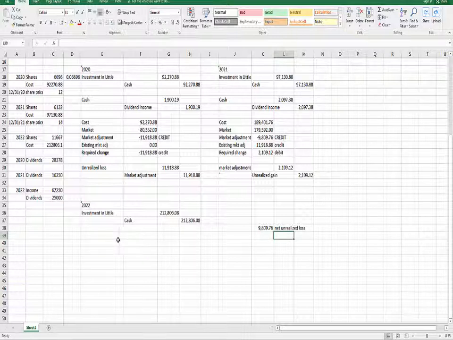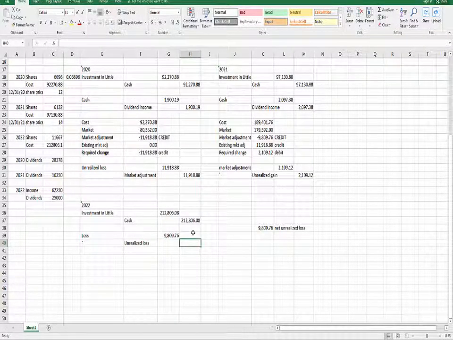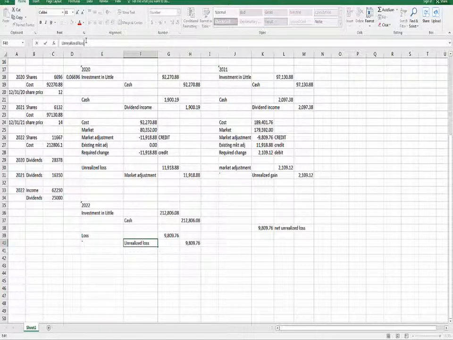That has now been realized. So we're going to go ahead and record an actual realized loss and take it away from the unrealized loss. And again, this is going to be going into or coming out of other comprehensive income.